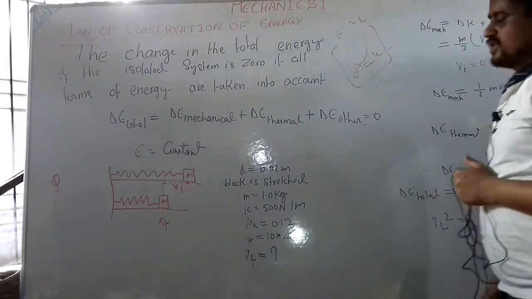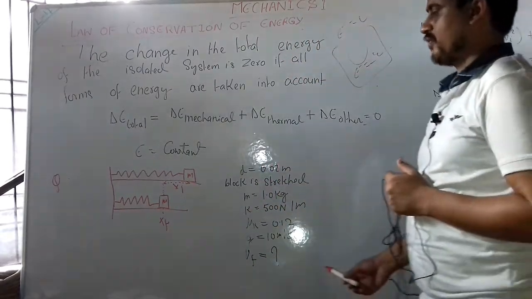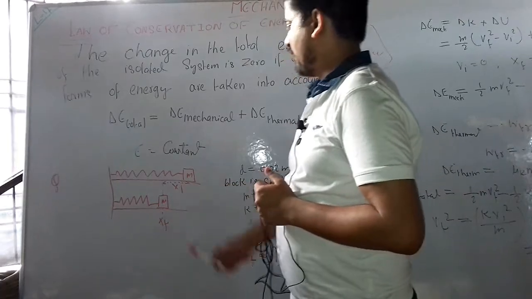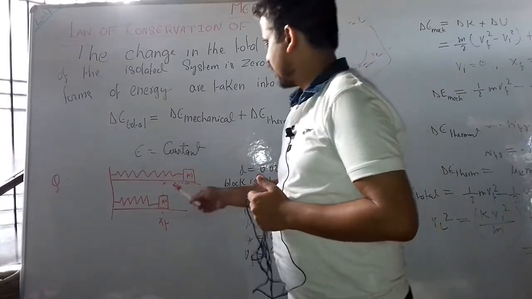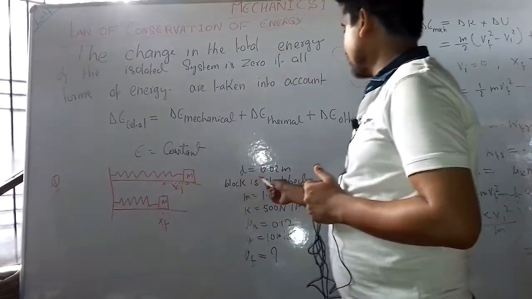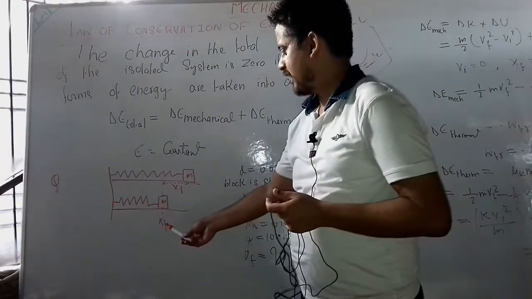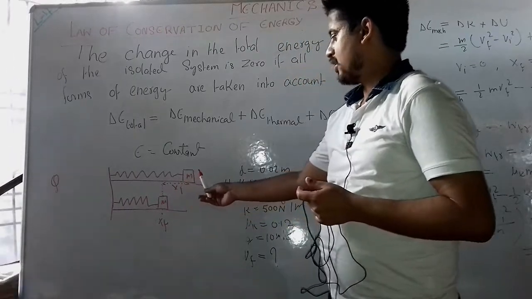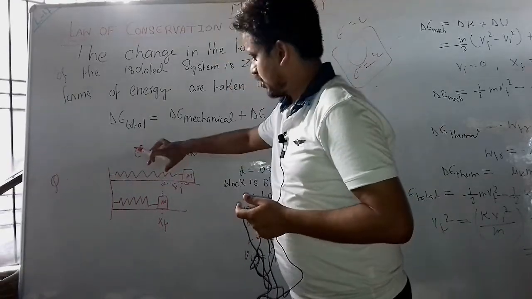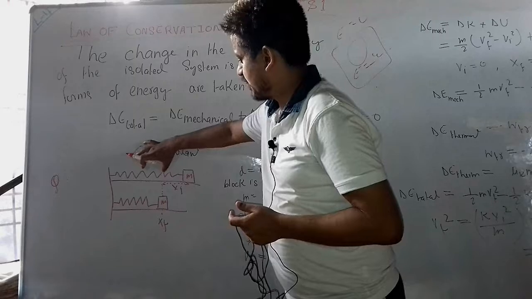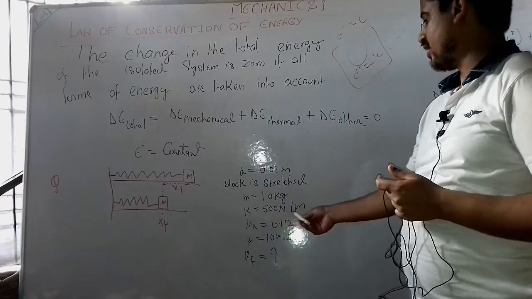Now this is the problem: to find the final velocity of an object M which is attached to this spring and which is stretched by d meter. D is equal to 0.02 meter. We have to find the final velocity of this block when the vertical spring will be compressed, and the spring constant k is 15 Newton per meter.